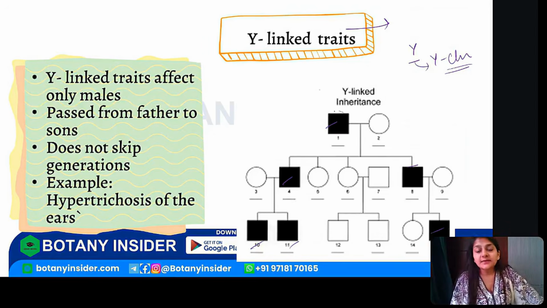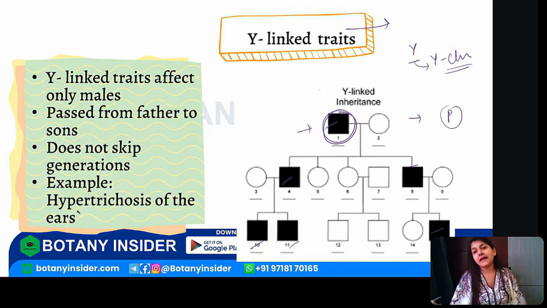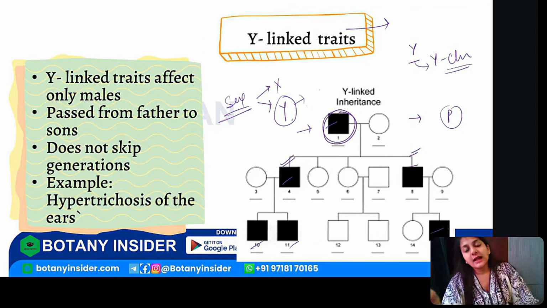See over here, if the male of the parental generation has the Y-linked disease, all the males in the next generation will have the disease, because of the sex determination factor X and Y: a male gets the Y chromosome from the father, and the father has a Y-linked disease, so it is going to give the same disease to the next generation in every single scenario possible.